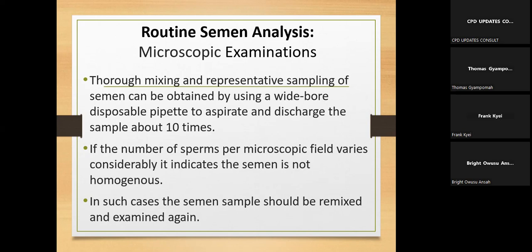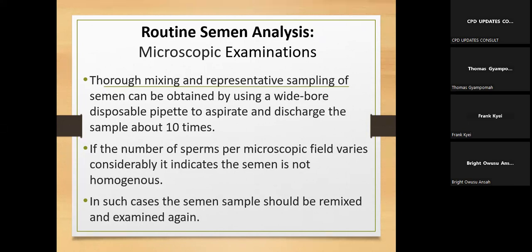It means that there is inconsistency in the distribution of the sperms, and that means that the sample is not homogeneous. What it means is that the mixing has not been adequate. So that's also a way to test whether the sample has been adequately mixed. I hope that point is very clear. So it's like a test of what you have done. You think that you have mixed it, and a test for it is that once it is homogeneous, the sperms or particles should be as much as possible uniformly distributed.